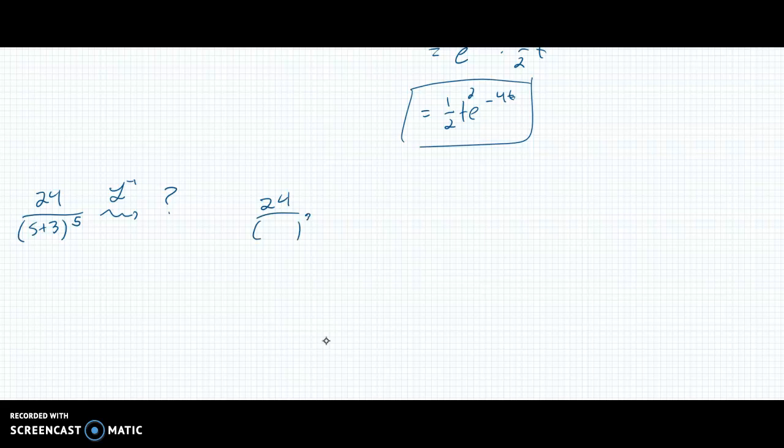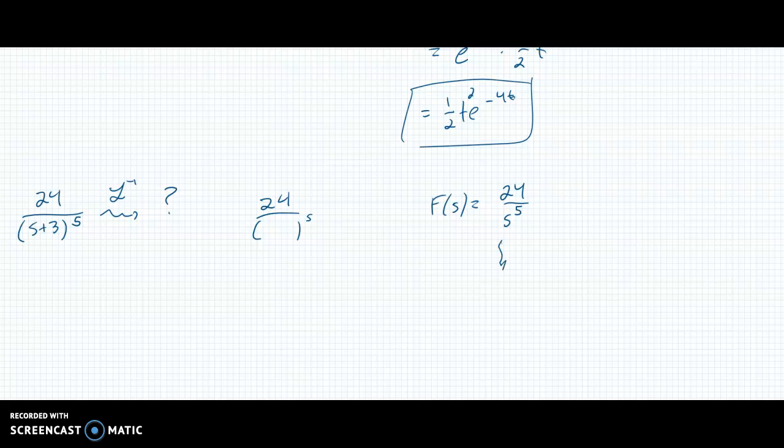It's got the shift on, so what would f of s be equal to? It's 24 over s to the 5th.